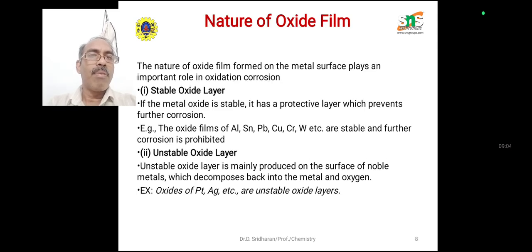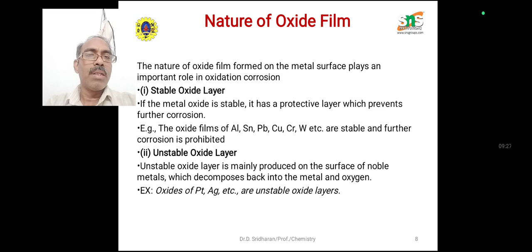Nature of oxide film. The nature of the oxide film formed on the metal surface plays an important role in oxidation corrosion: a stable oxide layer or an unstable oxide layer. If the metal oxide is stable, it forms a protective layer which prevents further corrosion.